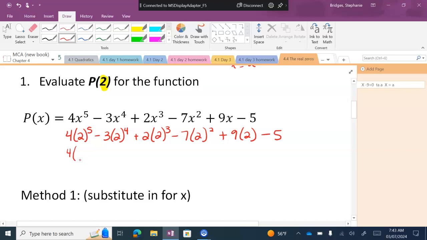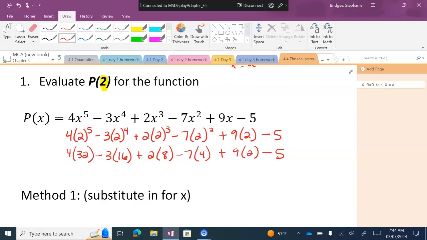What's 2 to the 5th power? 32. Minus 3 times, then we're going to do 2 to the 4th power. 16. Plus 2 times 2 to the 3rd power. 8. Minus 7 times 2 squared, which is 4. And then the rest of it doesn't have exponents. Everybody understand this so far?